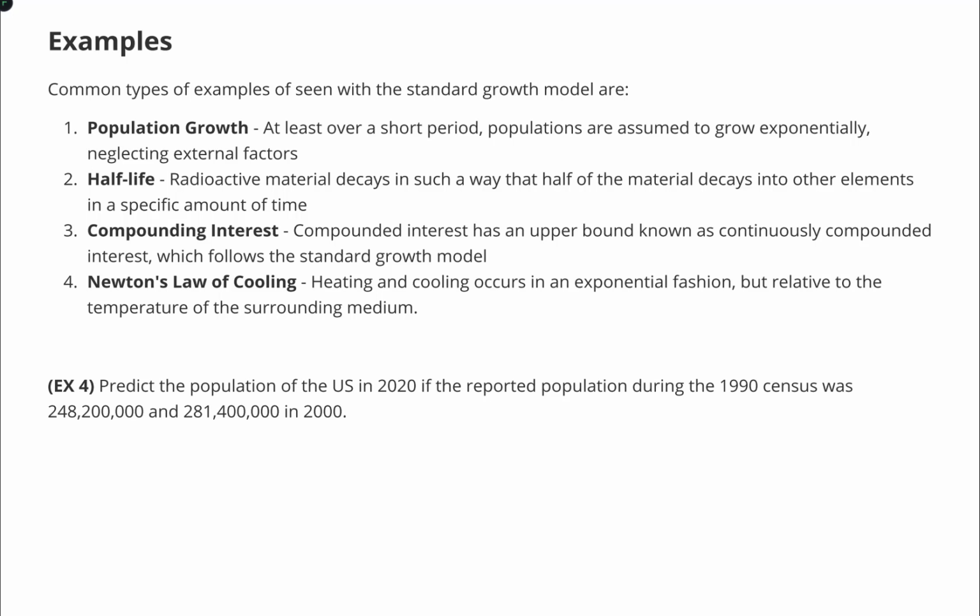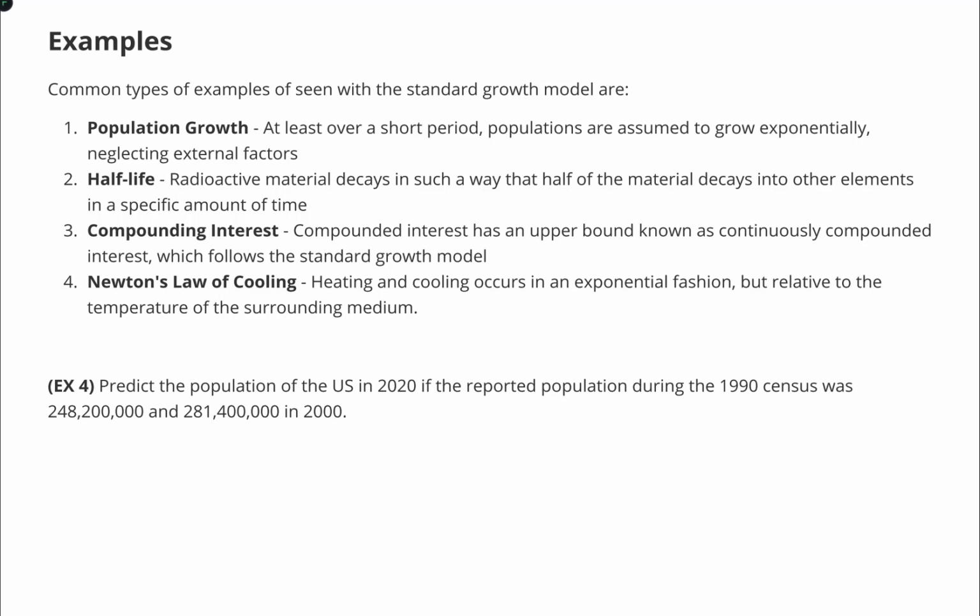Half-life, that's another example where the standard growth model is very useful. And the idea there is radioactive materials decay in such a way that half the material decays into other elements over a specific amount of time, and that's very measurable and precise, and so you can use this model to make predictions based off of those types of questions.